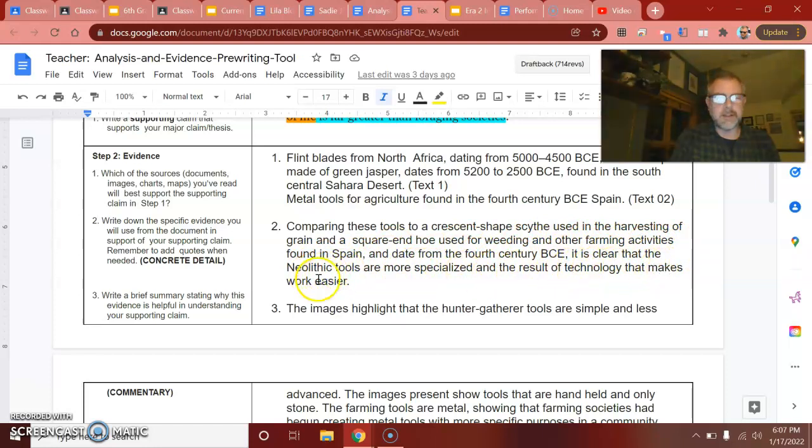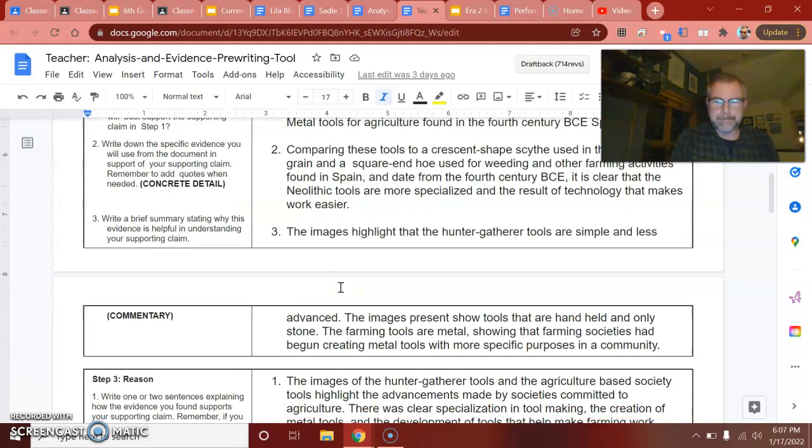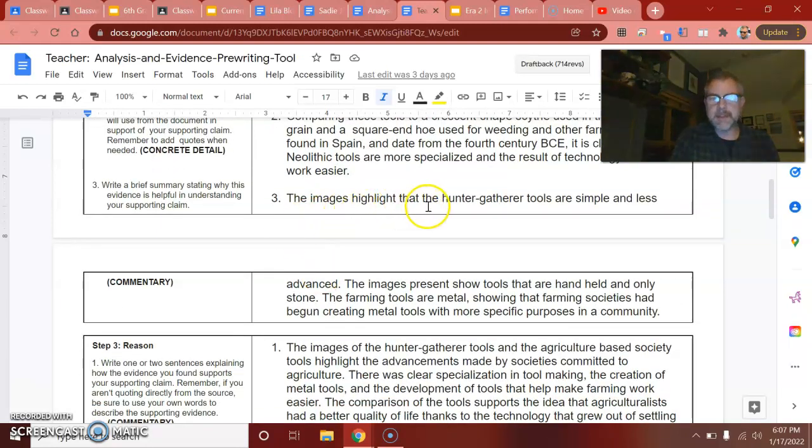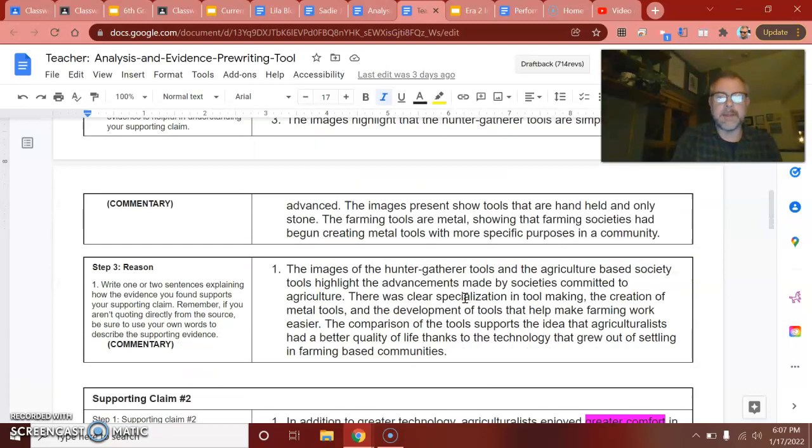The result of technology makes work easier. The images highlight that hunter-gatherer tools are simple and less advanced. So I'm just doing the comparison here. This is my commentary.